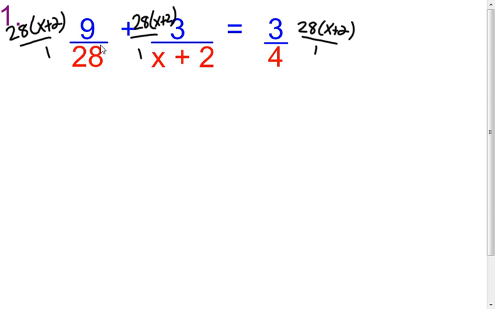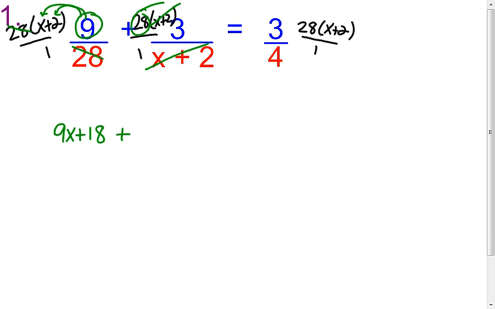On this far left term, the 28 cancels. And then I basically have 9 times x plus 2, which I will distribute through. So that gives me 9x plus 18. When I look at the next term, my x plus 2's are going to cancel.